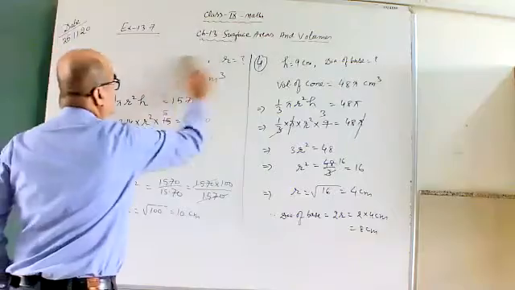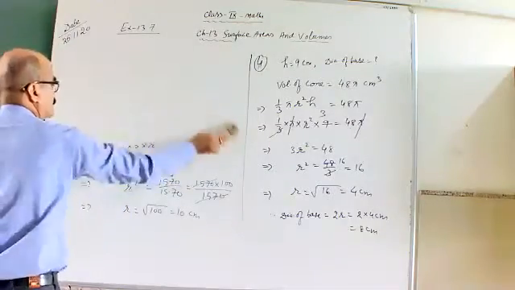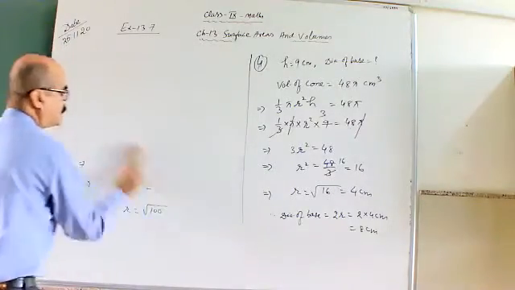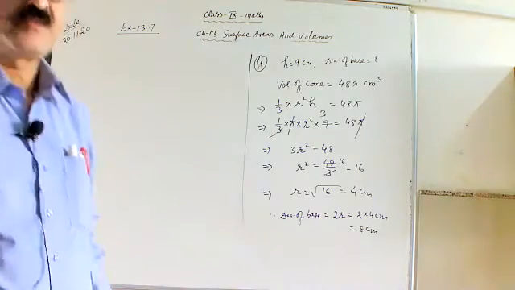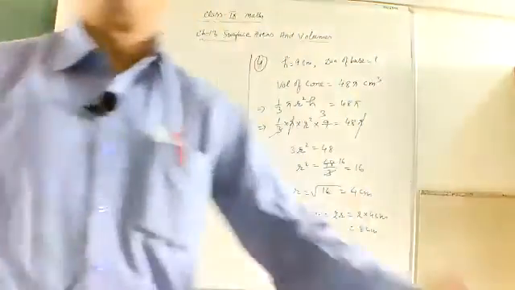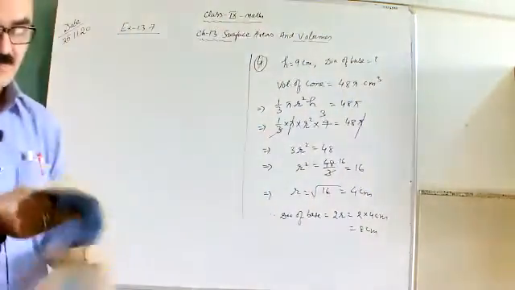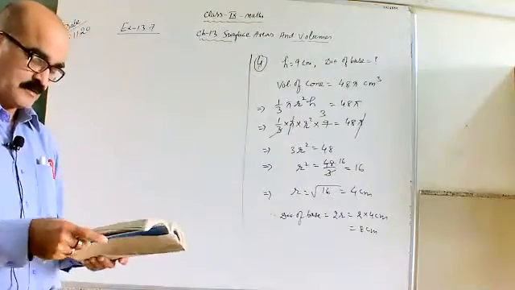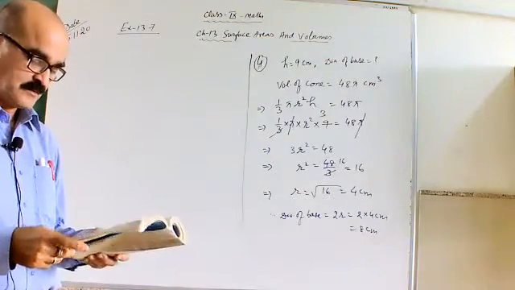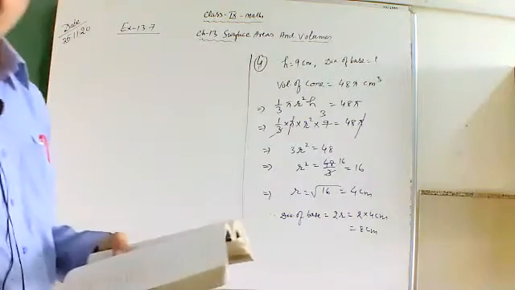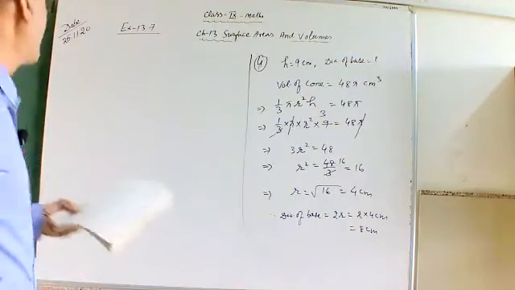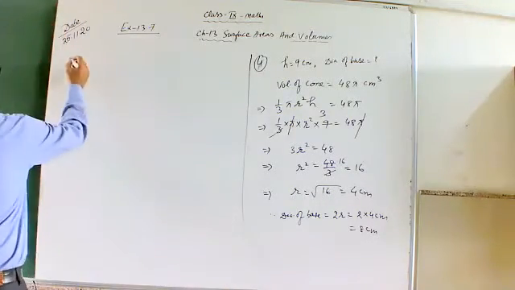Now, next question. Next question is: a conical pit of the top diameter 3.5. Question number 5.